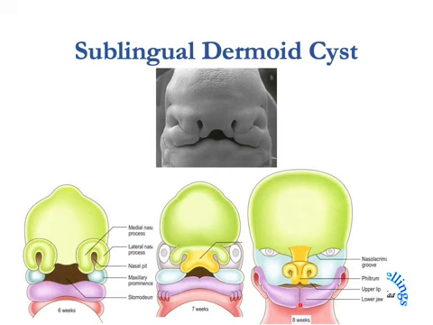If during this fusion there is some inclusion of the ectoderm inside, there will be a cyst formed inside from ectoderm, and it is called dermoid cyst. And this is why it is called inclusion dermoid. Its place will be in the submental or sublingual position within the body.